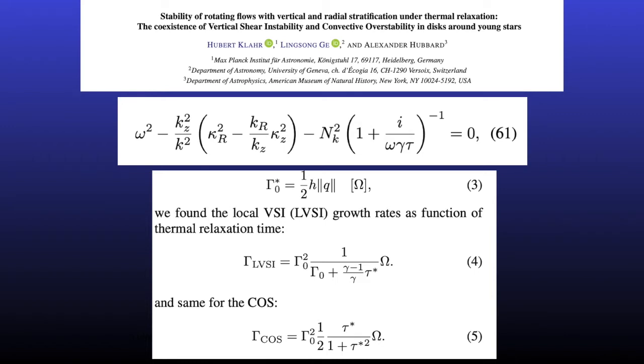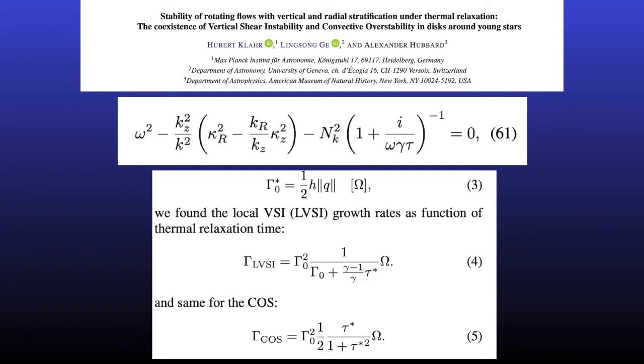If you solve this and simplify it, you can first define a growth rate gamma 0, which is 1/2 the pressure scale height ratio multiplied by the radial temperature gradient q. This gives you the already published, well-known vertical shear instability for instantaneous cooling.